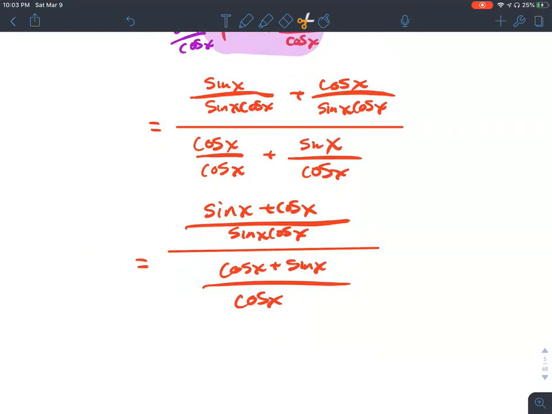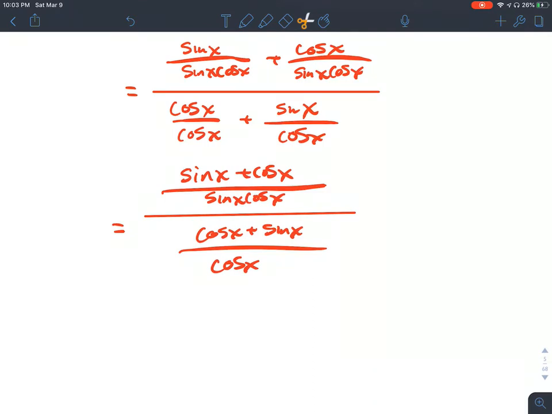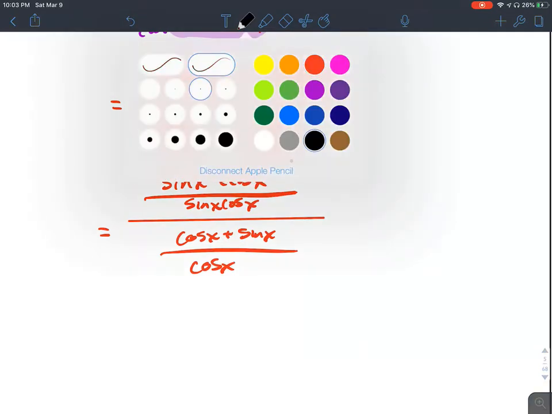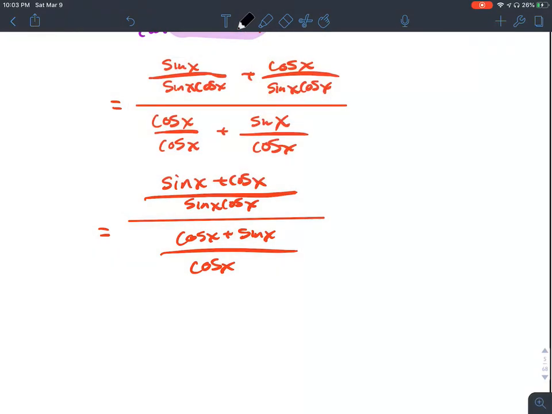Once your numerator and denominator are one fraction, then we can once again try to make this not a complex fraction. Just to remind you, a complex fraction means you have a fraction in the fraction. So here's what we're going to do. We want to get rid of our complex fraction. So I'm going to multiply the top and bottom of the fraction by the reciprocal of the denominator.